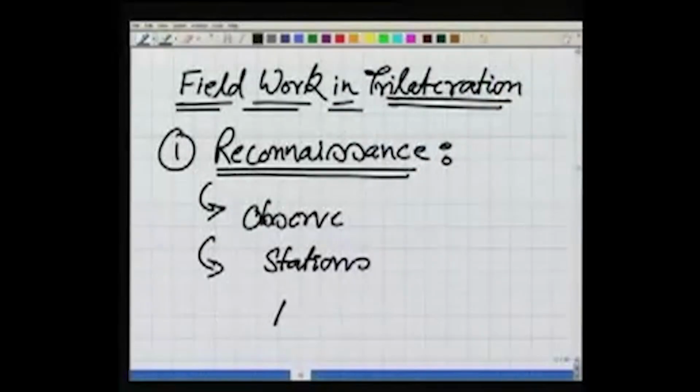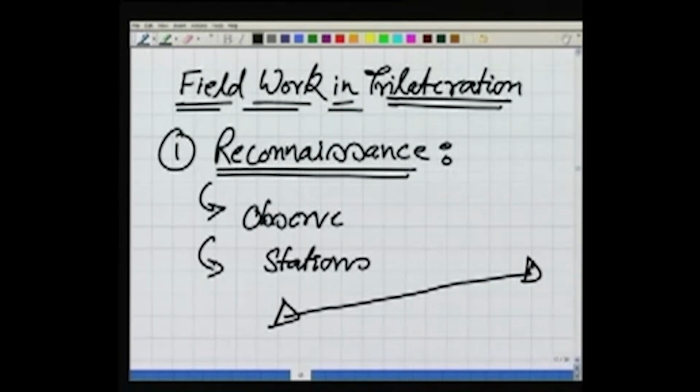So you will observe the stations. In establishing these, some things should be ensured. I will select these two stations for trilateration, taking care that in between there are no hot spots in the atmosphere, or maybe no industry here, because if there is an industry, the atmospheric condition in between will be different.